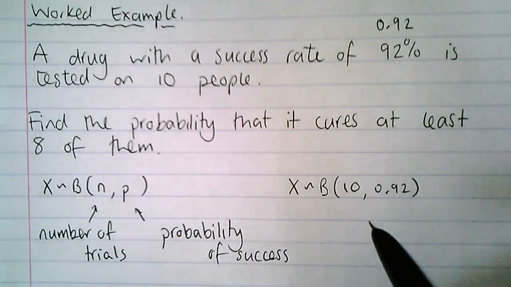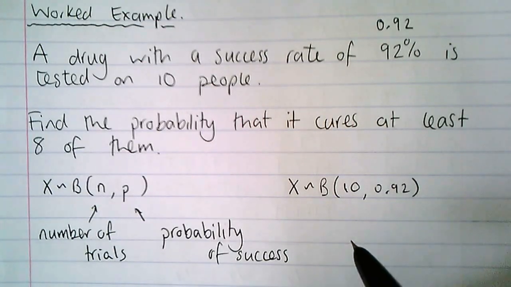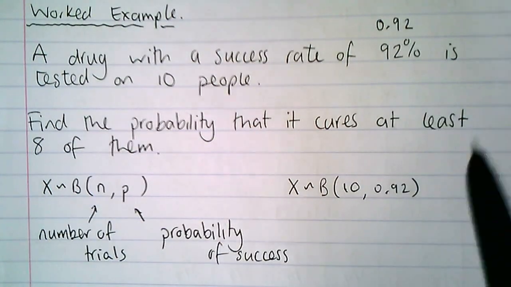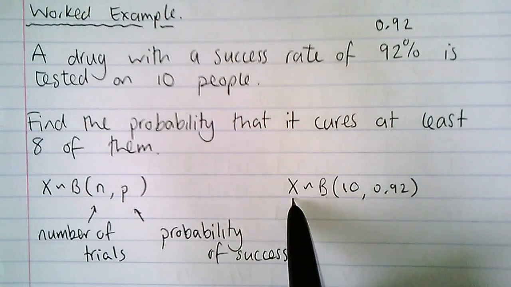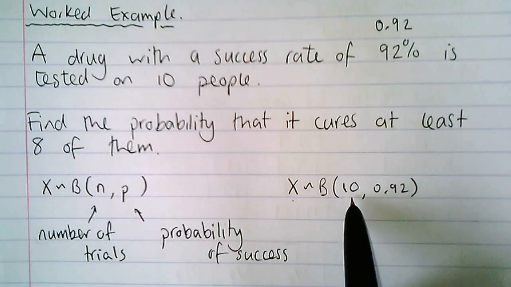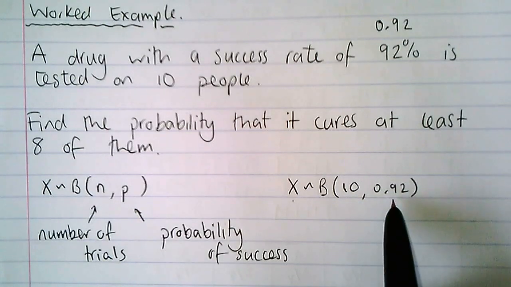And that's another question entirely. For now, we're making that broad assumption that for each of these 10 people, the drug has a success rate of 92%. So, the number of people cured is binomially distributed. I'm looking at a trial of 10 people, and I've got 0.92 or a 92% success rate.